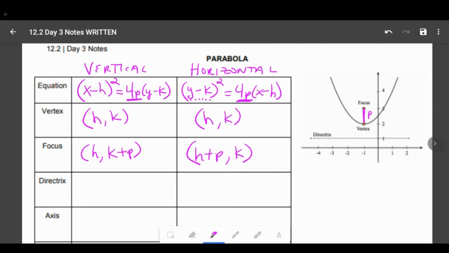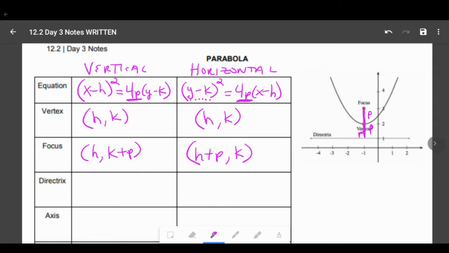Now the directrix. The thing about the directrix is it is also exactly p units away from the vertex. And what we'll do is get a line that is perpendicular to that axis. Remember your axis from algebra class. So the directrix is perpendicular to that. If it is a vertical parabola, you have a horizontal directrix line.